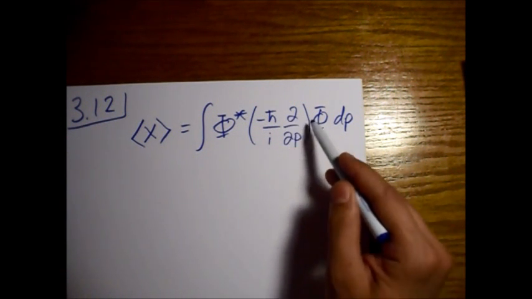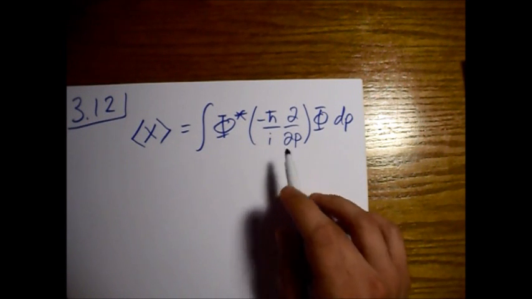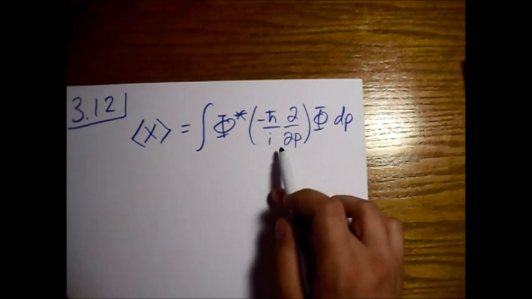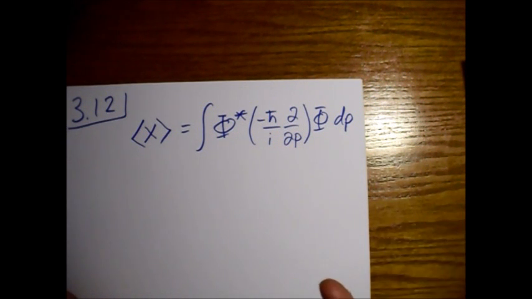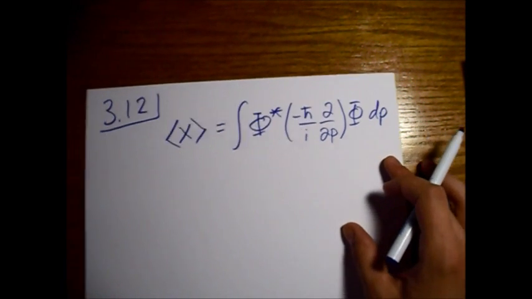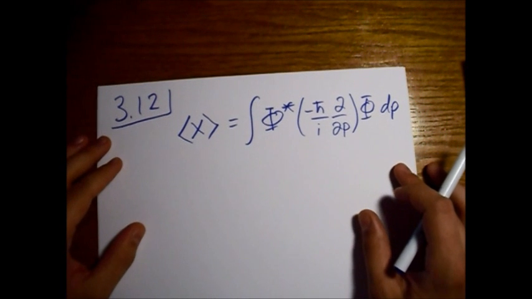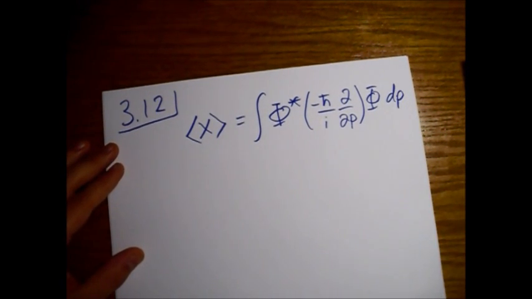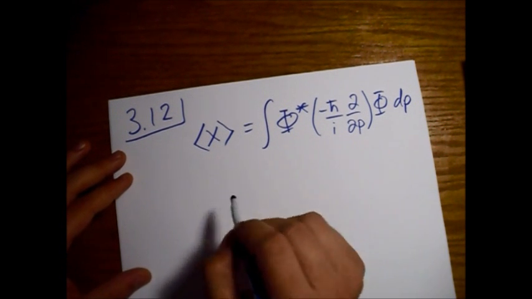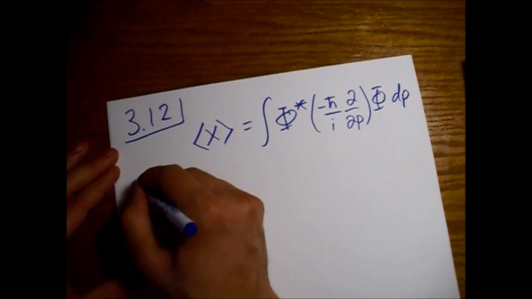And then here is just an operator on the inside. And so essentially what we're showing here is that when you're working in position space, so let me write this out.